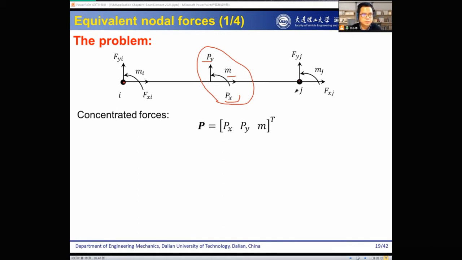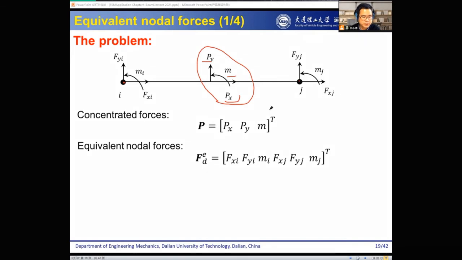So then we need to work out the equivalent node forces for those external forces, and then we can use the stiffness equation to take into account the effect of those forces. Let's have a look at the procedure of how we work out the equivalent node forces.